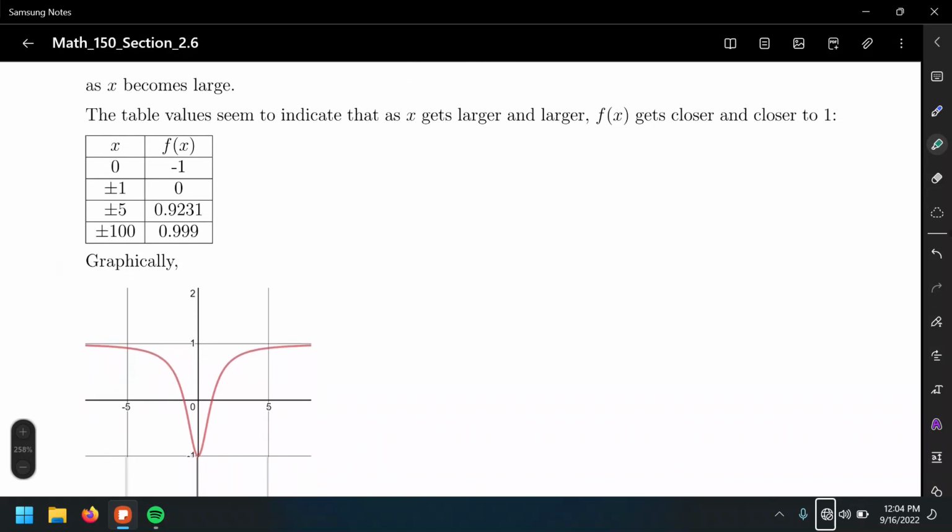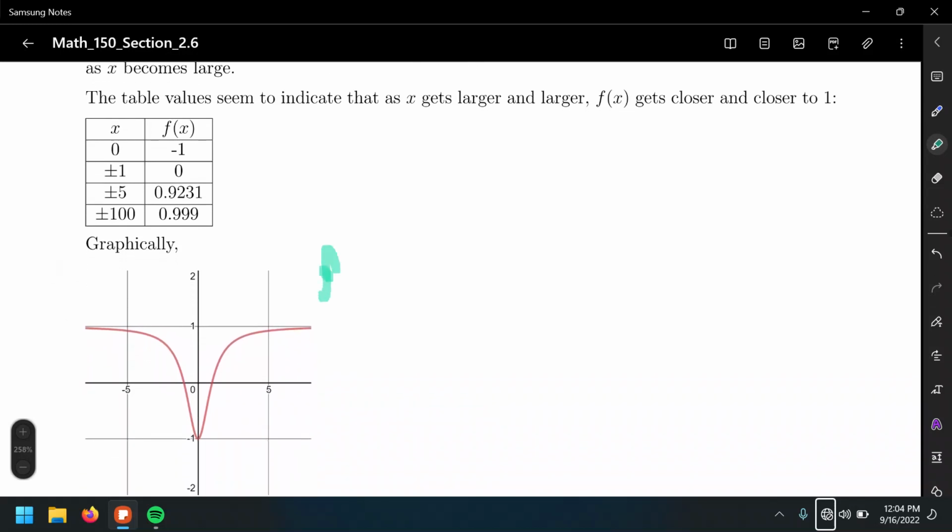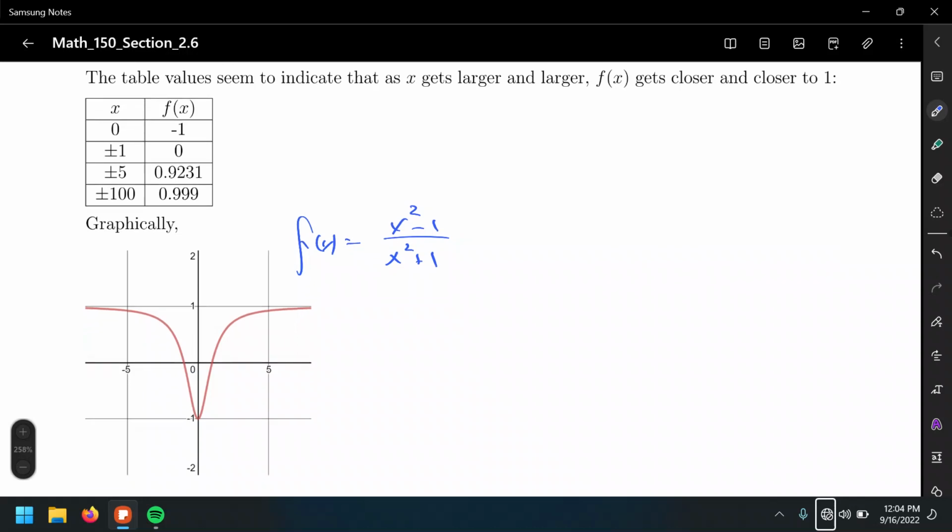So this is the graph of f of x, x squared minus 1 over x squared plus 1. Now, we want to find out what's the limit as x becomes large, infinity. What is the y value that the function is apparently heading to?